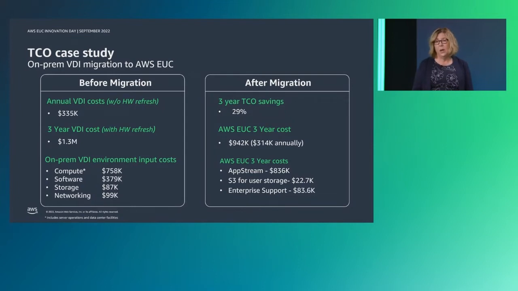And then we've added Amazon S3 object storage for persisting the user personalization layer, which includes things such as user settings and user file data. And then another 10% to cover the cost of the AWS enterprise support. And so you see the difference between the two figures, on-prem versus AWS, is about 29% over 3 years, which is pretty significant.